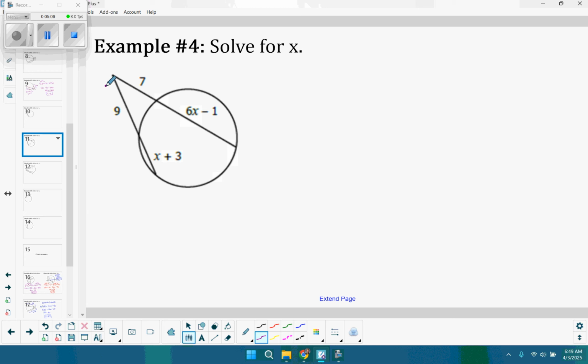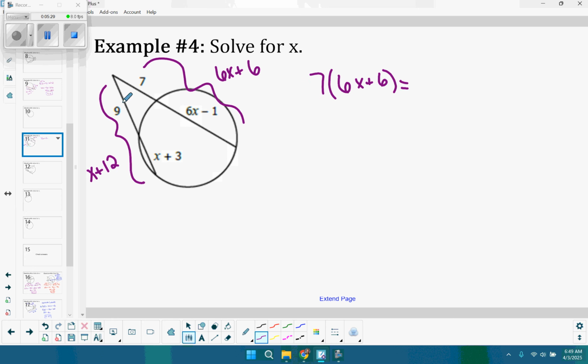Example 4. These are more of the same. So I'm going to add these two together. 9 plus x plus 3 is x plus 12, because 9 plus 3 is 12. On this side, 6x plus 7 minus 1 is 6. So when we're doing outside times whole for this line, the outside part is 7, and the whole thing was 6x plus 6. For the other line, the outside was 9, and the whole thing was x plus 12.